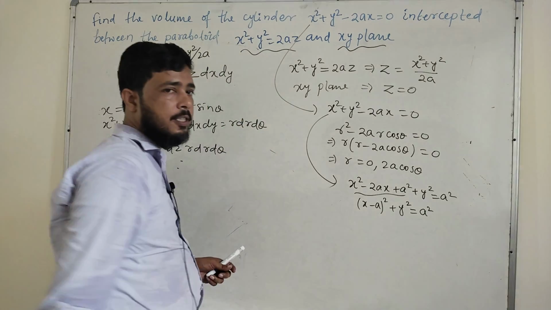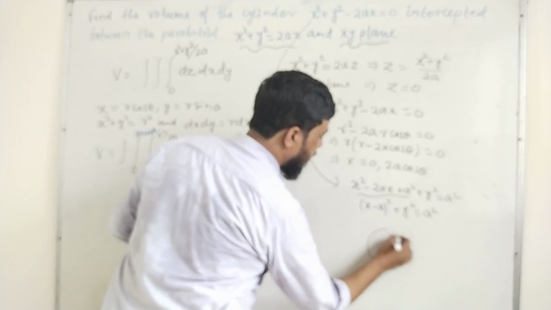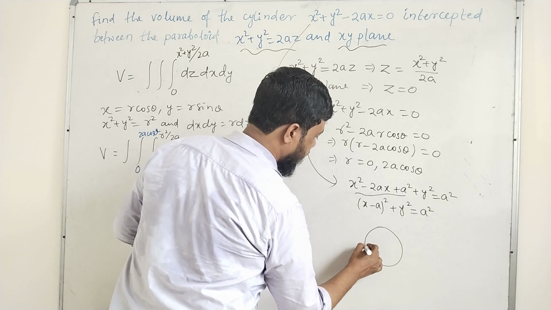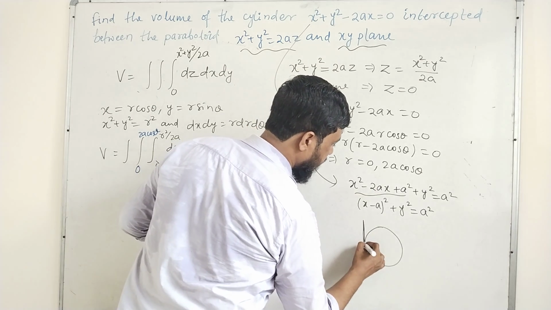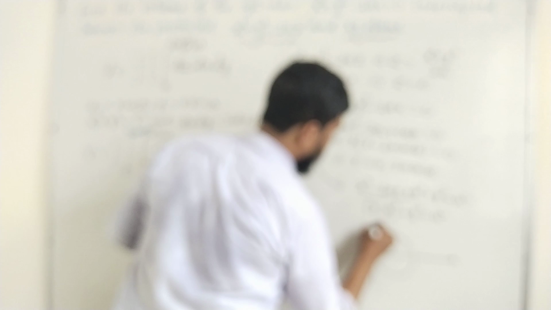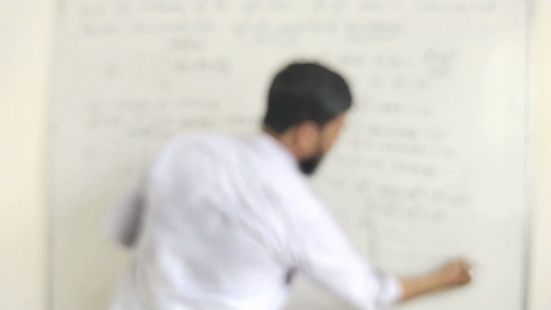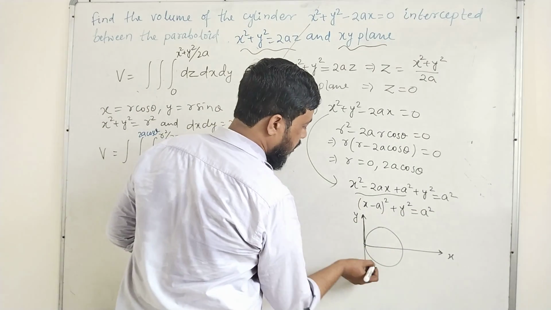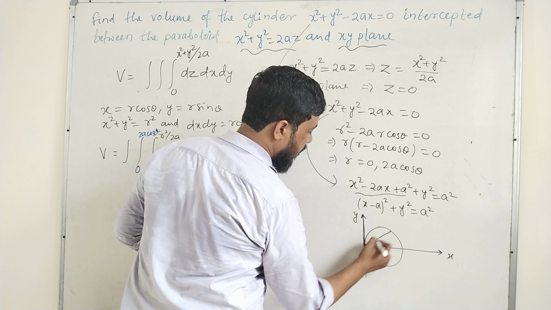Of course this is the equation of a circle with center a comma 0 and radius a. The circle is like this. This is the y axis, this is the x axis. Radius is a and center is a comma 0. Let this be the elementary section, and this is theta.